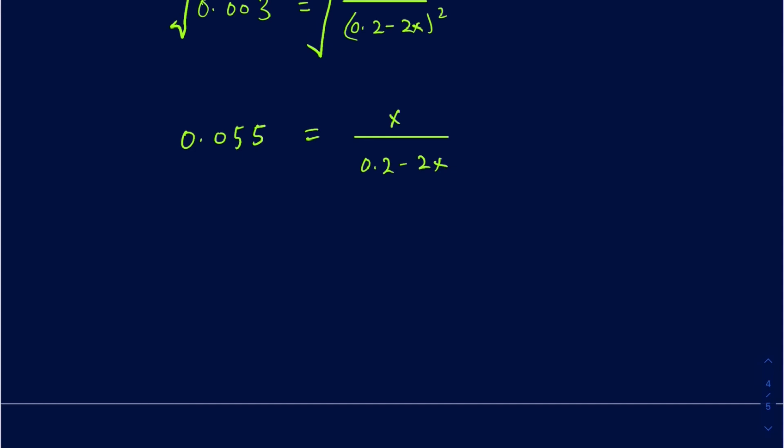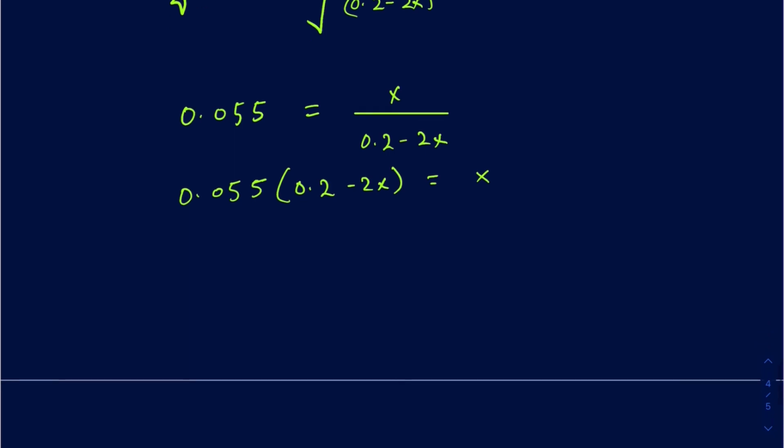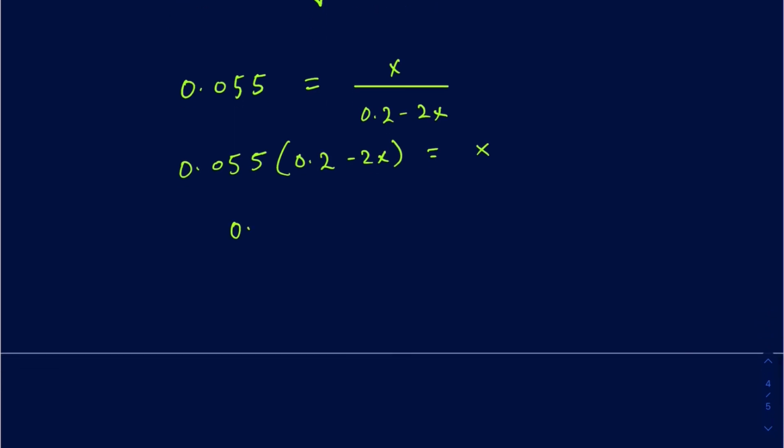So do your math here however you want. You can do the cross multiplication where it's going to be 0.055 times 0.2 minus 2x, and that's going to be equal to x. So that's times 0.2, this is going to be 0.011 minus 0.109x, and that's going to be equal to x.